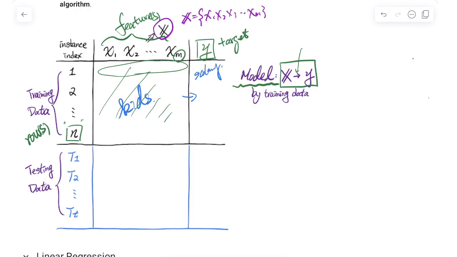That means if I can collect the information about the kids right here, and maybe 20 years later, I can collect the salary of his or her first job, we can put this number in the y column, and we can use mathematical tools to help us find the relationship between the big X and y.